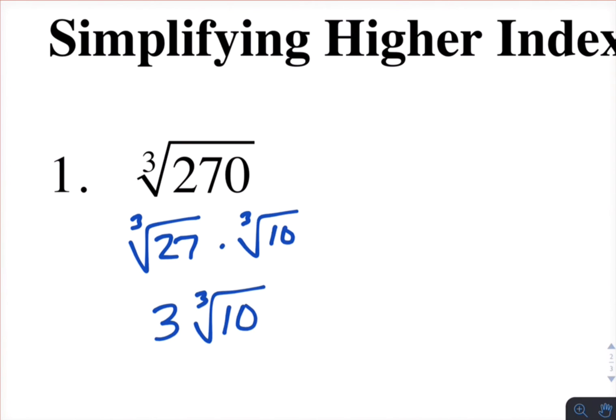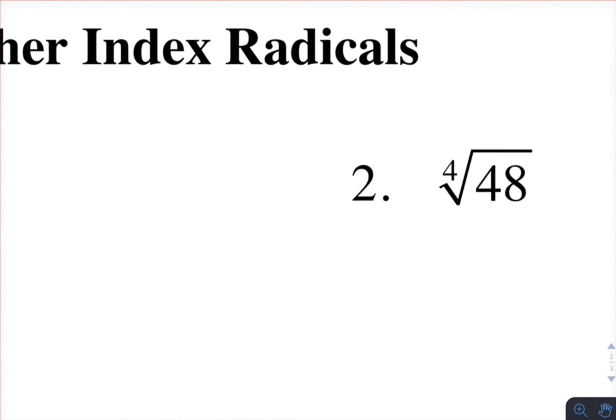Remember to bring along the index. Because without the index, if we had no 3 here, that's a very different thing. So we want to make sure that we include the 3 and also make sure it fits nicely inside the little nook of the root sign so as to not be confused as an exponent on the number that's out in front. All right, so 3 cube root of 10 is the final answer there.